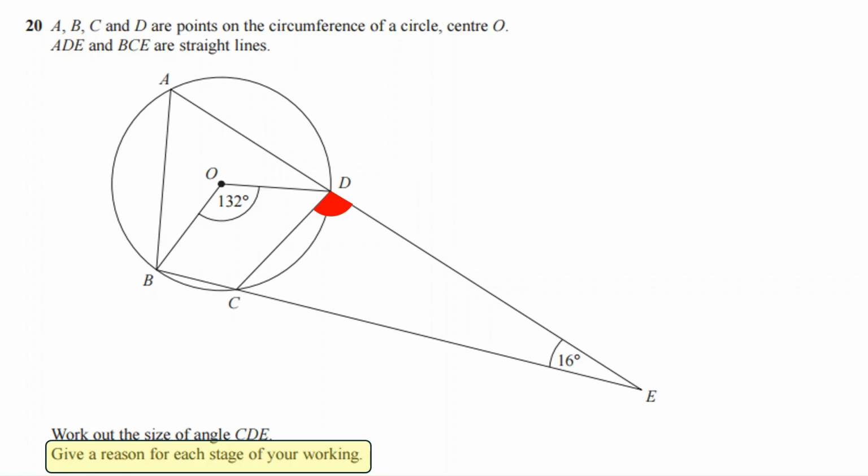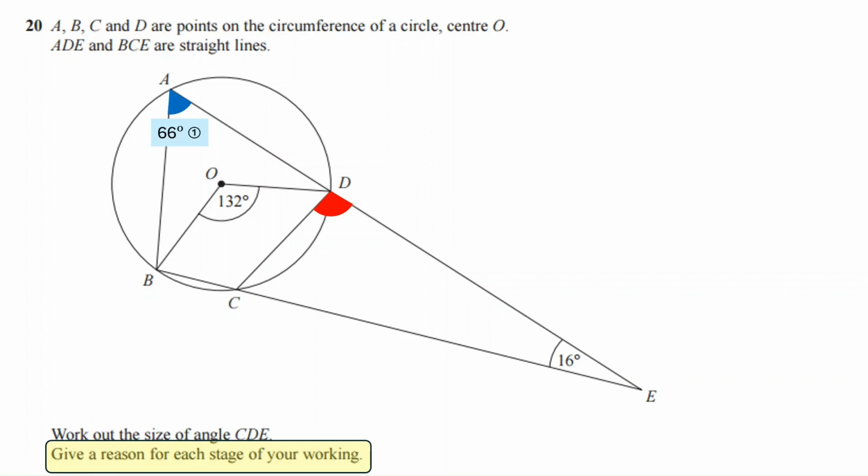For me, the first thing I would note, and obviously I do know where this is going, but even if I was doing this blind, is I've got 132 in the center and I've got angle BAD, and I know BAD must be 66 degrees because 132 divided by 2 is 66 degrees. But I need to make sure I'm writing the reason as well. One thing you must do is connect your angle with your reason.